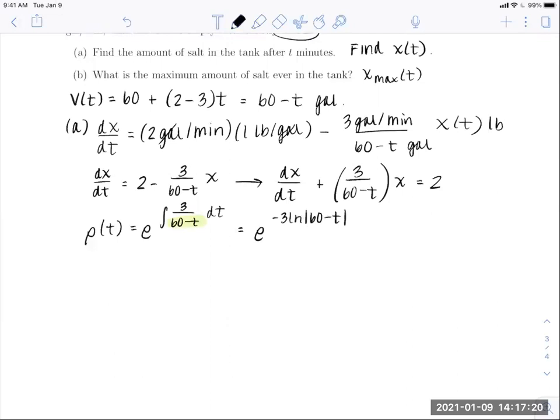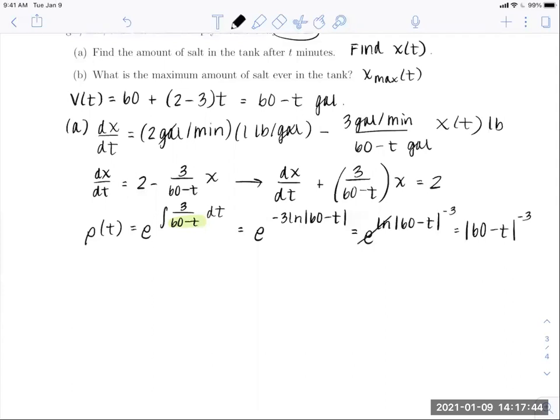Again, we're going to drop that plus c. I'm going to use logarithm rules to simplify this. We have the absolute value of 60 minus t to the negative 1/3. We can then cancel these, and what I get for my integrating factor is the absolute value of 60 minus t to the negative 3.